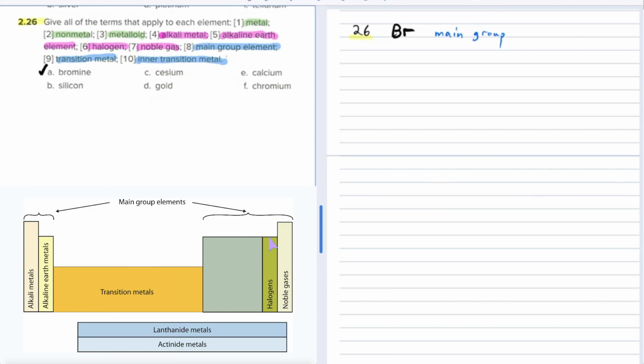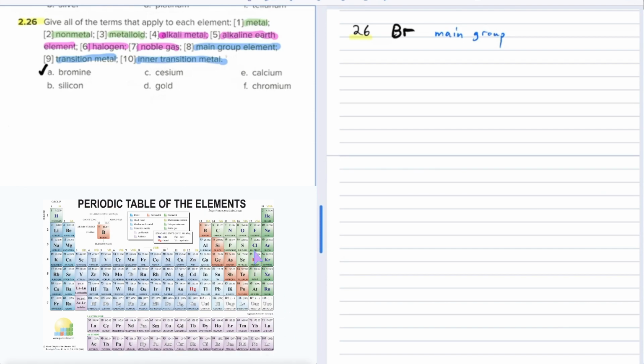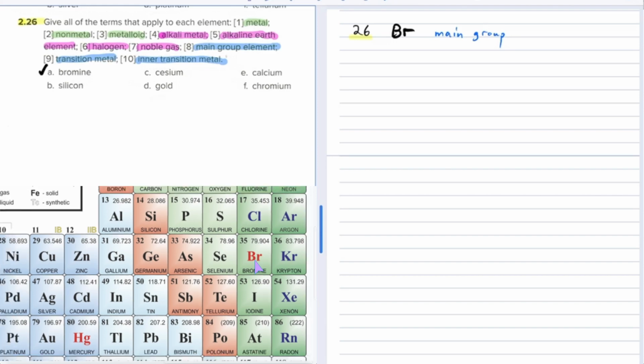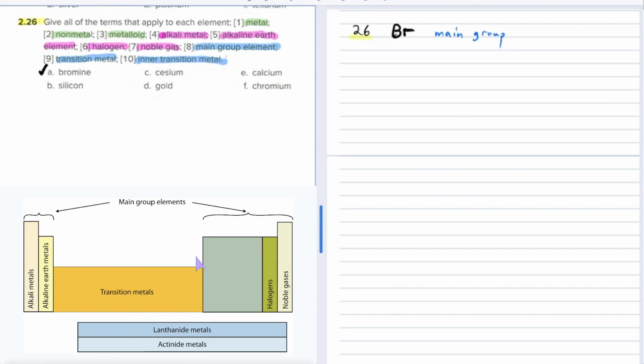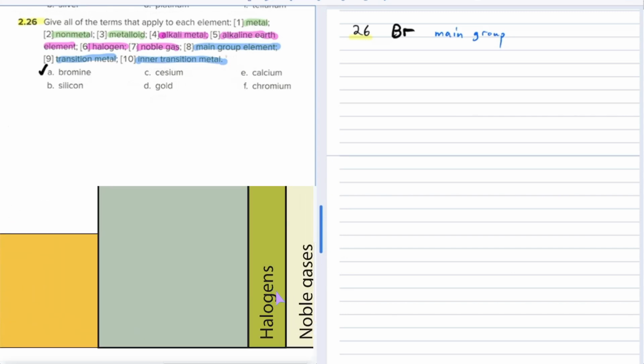Now bromine is right here, in this column. I'll point it out to you. There it is. It's not in the last column, it's in the second to last column, right there. The second to last column is the halogen column.